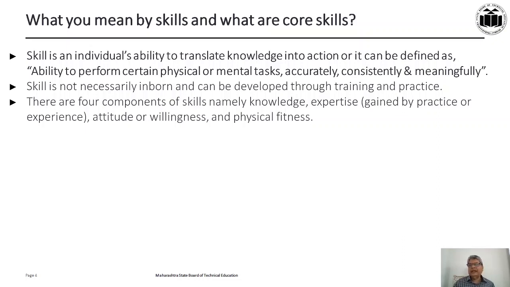You must gain the expertise by practice and experience. You must have willingness to do that job, and you must have the physical fitness to perform that job. Even though you have knowledge, expertise and willingness, if you don't have the physical fitness, then you will not be able to deliver on the job.